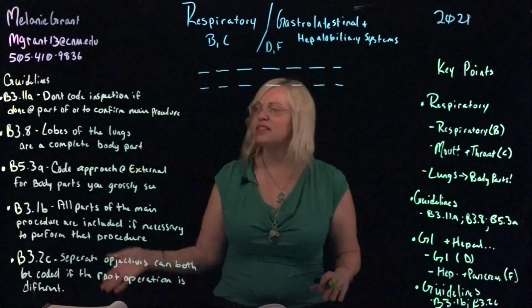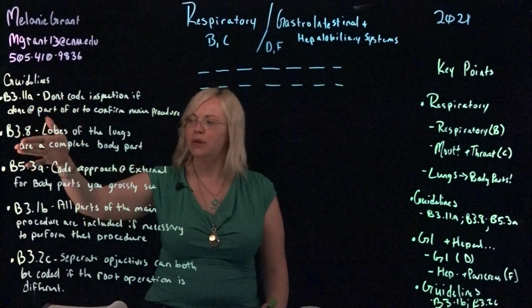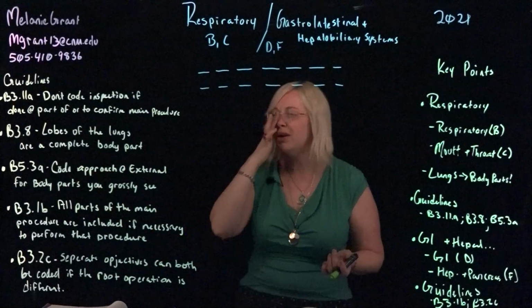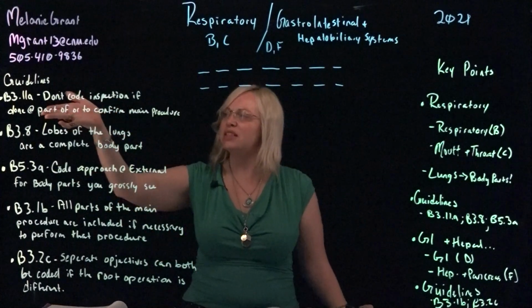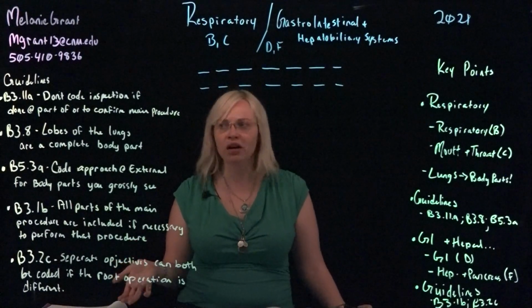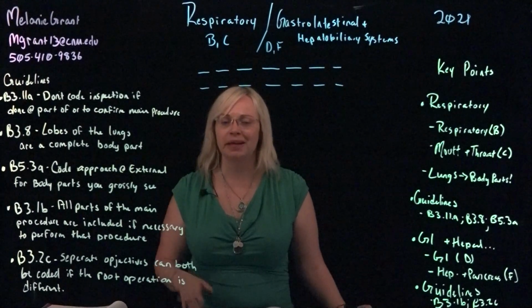Now, some of the guidelines that you'll be identifying, guidelines B3.11A, B3.8, and B3.5A, which I've given you a brief introduction on the board. The first thing to be aware of is that for guideline B3.11A, don't code inspection if it's done as part of or to confirm the main procedure that is being done.